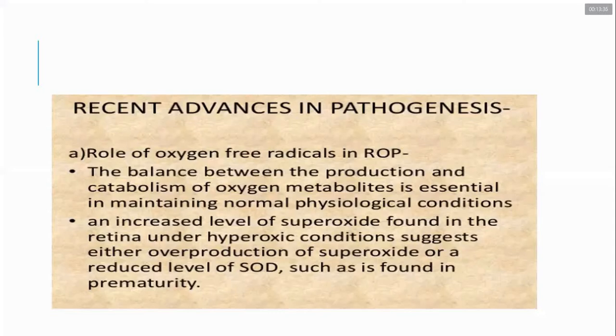An increased level of superoxide found in the retina under hyperoxic conditions suggests either overproduction of superoxide or a reduced level of superoxide scavengers, such as is found in prematurity. So the main thing is the role of free radicals in retinopathy of prematurity, that is the balance between the production and use of oxygen.